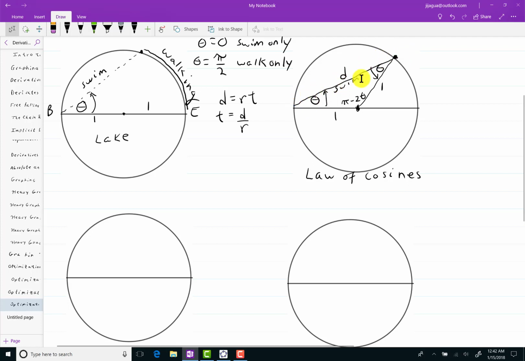Basically, it says this length here, d squared, equals this side length squared plus this side length squared. So you can see where it's related to the Pythagorean theorem. But then we subtract 2 times the length of this side times the length of this side times the cosine of the angle, which is pi minus 2 theta, the subtended angle.